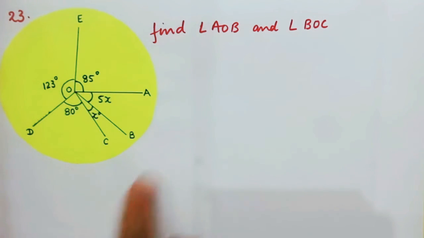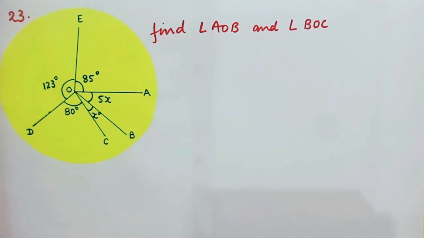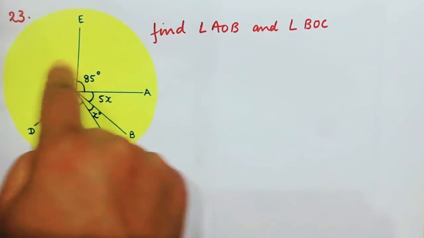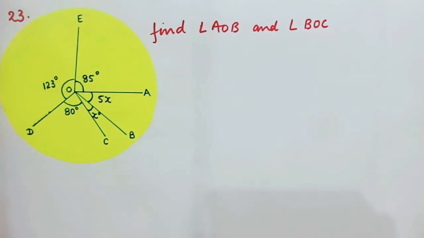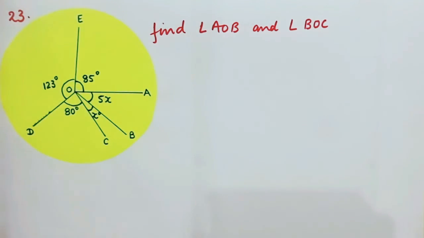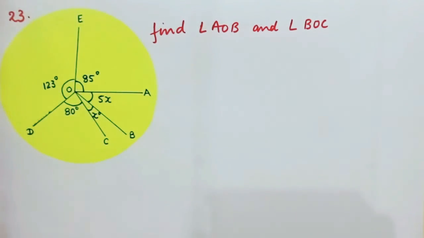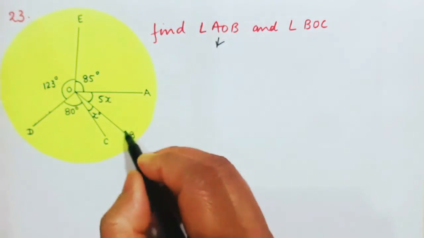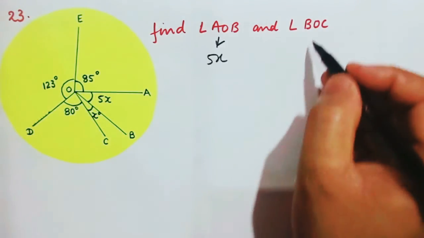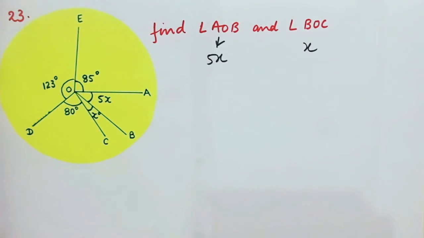Once again, I said, find from the diagram. I find that sum of angles around a point will be equal to 360 degree. First I will find the value of x, and then I will find angle AOB. So angle AOB is equal to 5x, and angle BOC is equal to x.